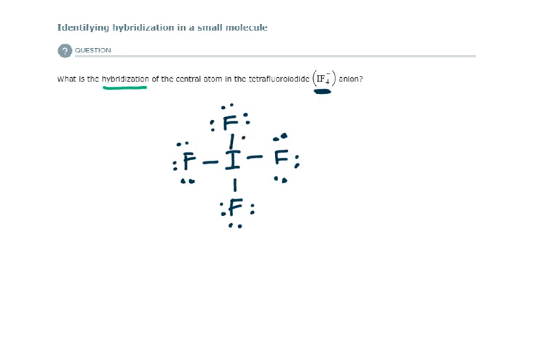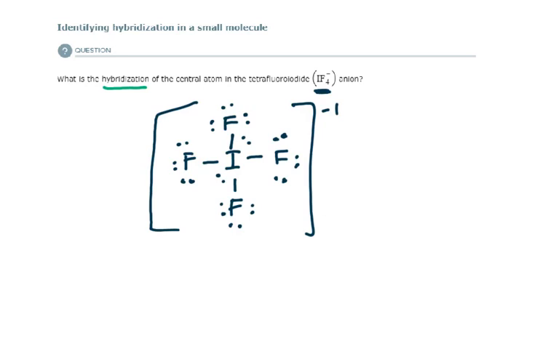And so I need to put a lone pair here and a lone pair of electrons there. We can count 2, 4, 6, 8, 10, 12, 14, 16, 18, 20, 22, 24, 26, 28, 30, 32, 34, 36. We haven't finished yet because, of course, this is an ion, with a negative 1 charge.